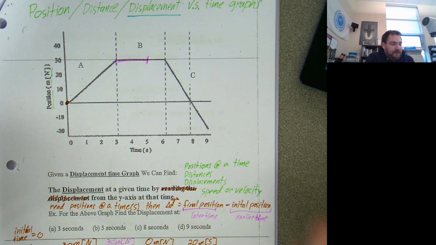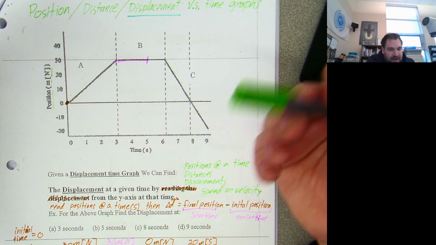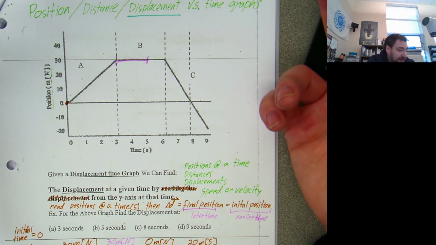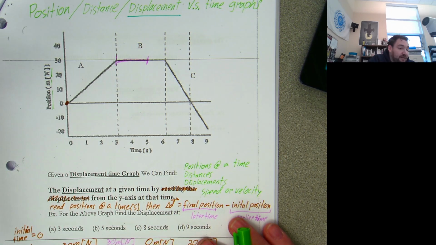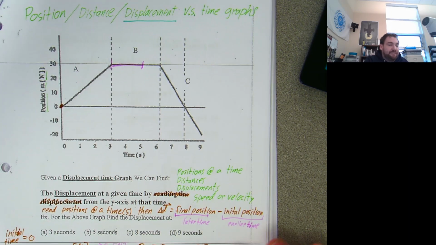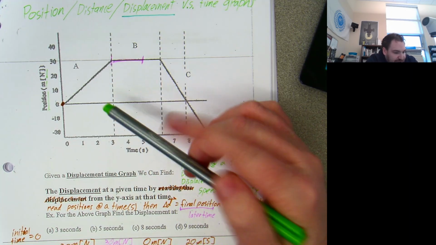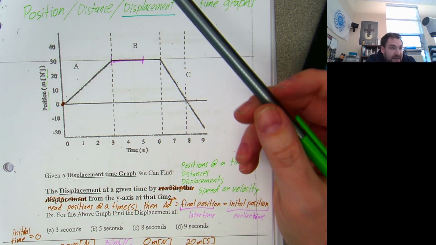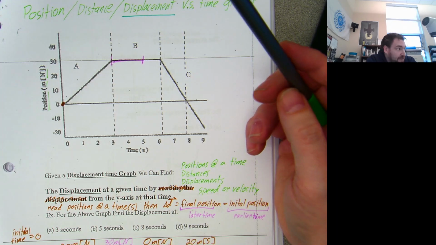If I take a look at what we've got here and I want to find the speed traveled for a particular length of time, I want you to be on this page. I'm going to be on this page for a second. Take a look at the graph of what we've got here. Yesterday, we talked about how a velocity is a displacement divided by a time.